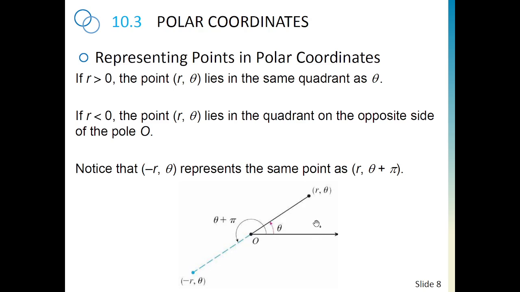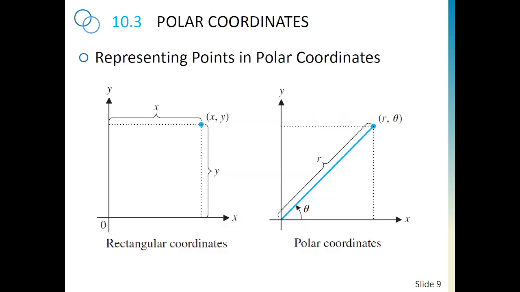So if here the point is in the first quadrant, with r negative it will go to the third quadrant. Obviously, the point (negative r, theta) is also represented as (r, theta plus pi), so essentially we are just flipping to the other side. We will see several examples of this. It's very useful.